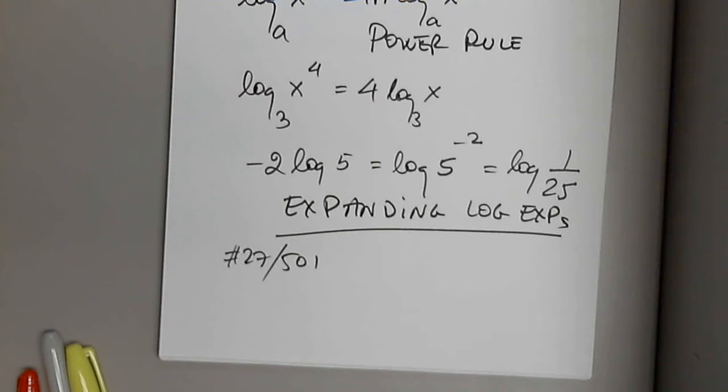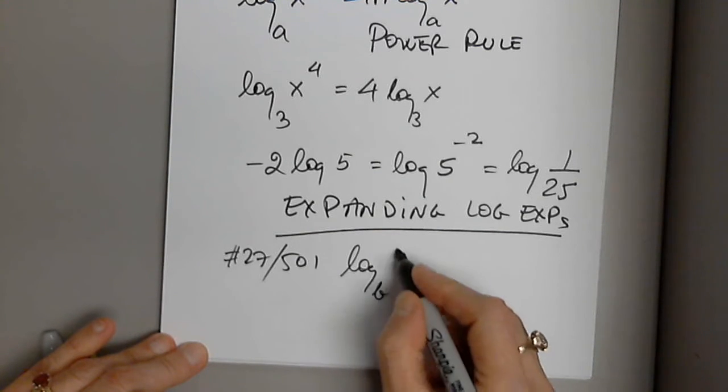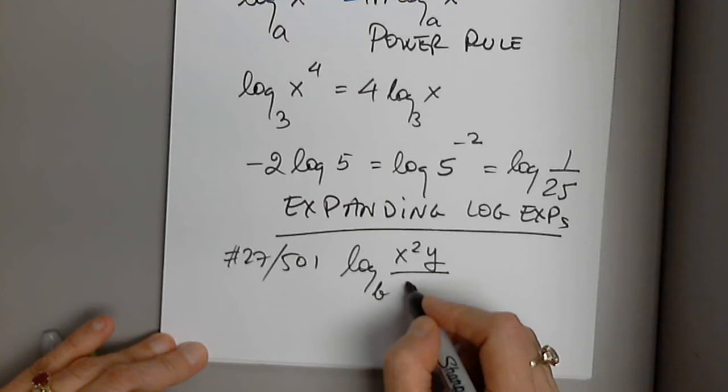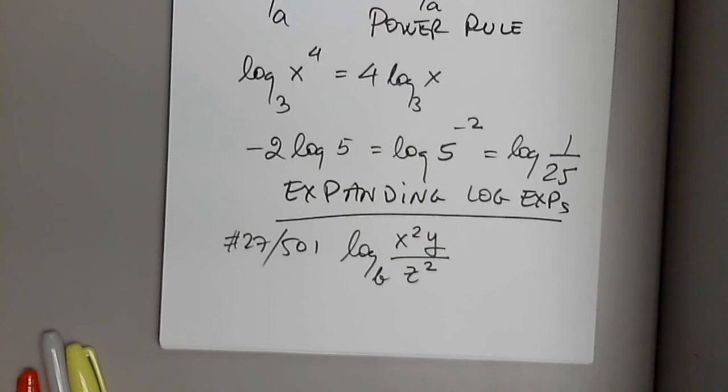And that is log base b of x squared y divided by z squared. Expanding means I am given log applied to a sort of complicated expression, and I want to use all possible properties, I don't have more than 3, to expand this fully.